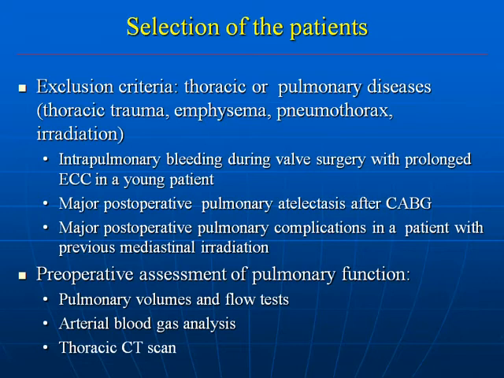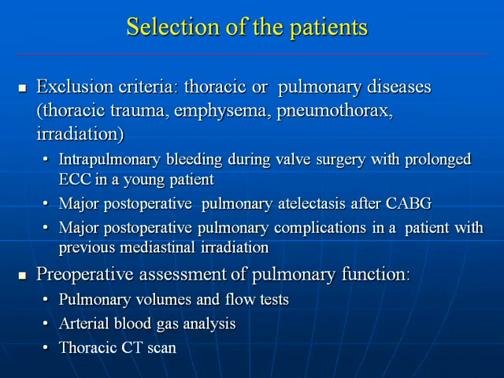Also, one thing that you can tell your anesthesiologist instead of single-lung ventilation is to decrease the tidal volume and continue on two-lung ventilation with a small tidal volume. Because one of the problems when you exclude the lung for a long time is atelectasis, and then in the post-op period the patient will have some kind of hypoxia.